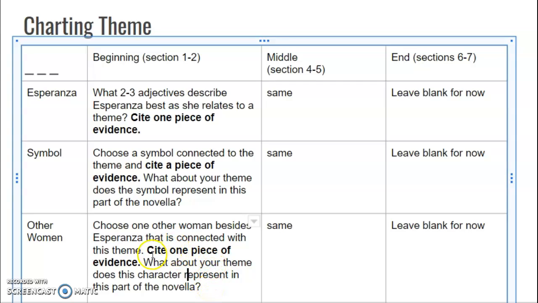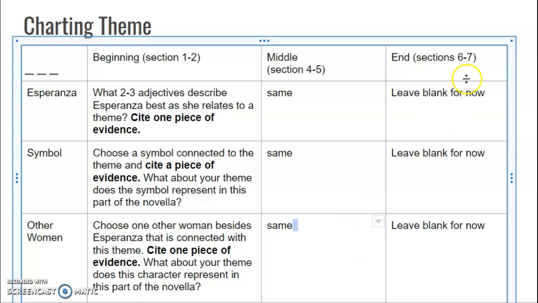So again, you want to pick maybe gender roles and how they limit opportunity, or poverty and how they form a woman's identity. So you might pick a woman in the beginning and a woman in the middle. The key here is to pick the same theme that runs throughout, and a character that is not Esperanza. It's okay if you pick a different character in the beginning than from the middle.